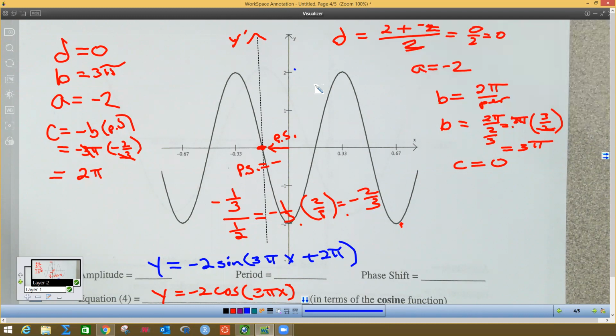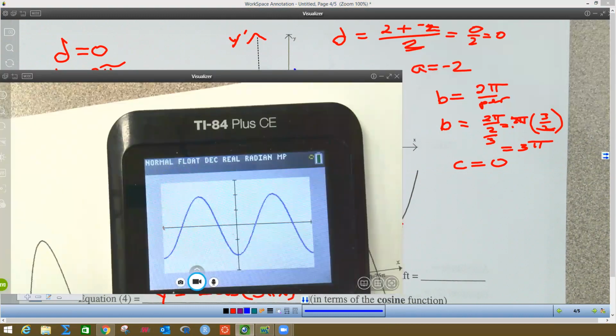Oh, I took my deal off, and we'll see if the other one lines up right on top of it. There's the end of the cosine. Uh-oh. Guess what? What happened? Anybody know? What's this telling me? We had a mistake. Can anybody tell me what the mistake is? Is it the amplitudes?